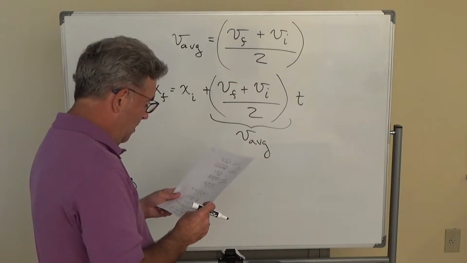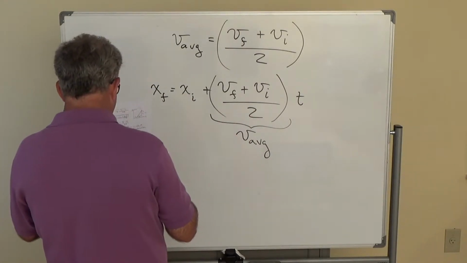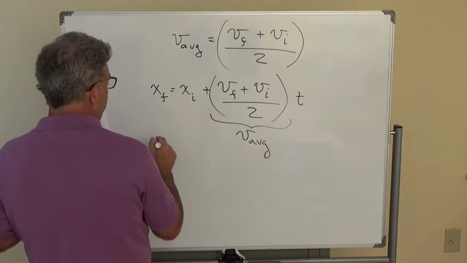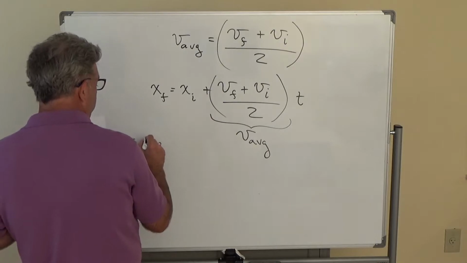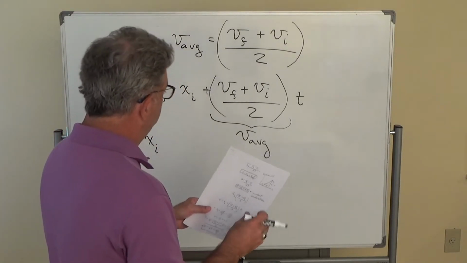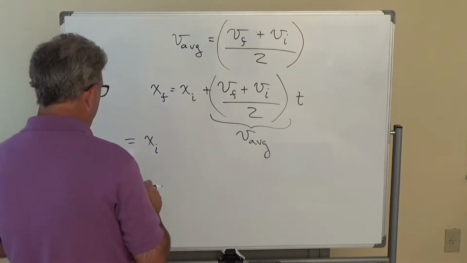Just that velocity times time is equal to distance. Okay? So you can multiply this out, and let's see, what do you get? You get x initial. The notation I have in my notes is a little different than I'm writing up here, so I have to keep pausing.